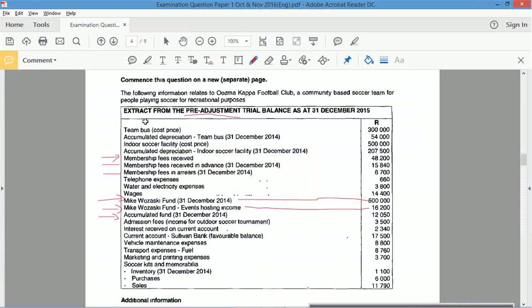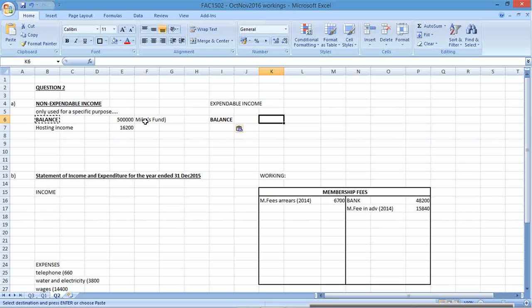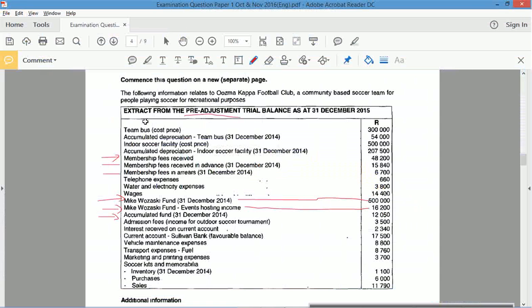What is the balance on the accumulated fund? 12,050. This would be expendable because it's just money that you've kept aside for the club. The club can use it for whatever they want, as long as it's in line with the club's purpose.